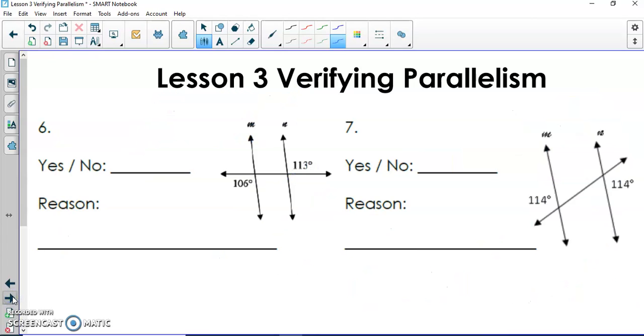Number 6, we have 106 and 113. And I'm going to label my A's and my B's. So I've got these 2 angles. I have one that is touching line M and one that's touching N. That's a good start. So that's my 2. And I need to know if they are true.